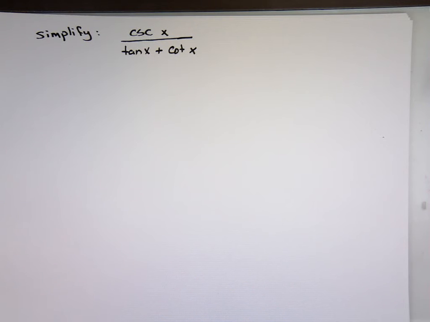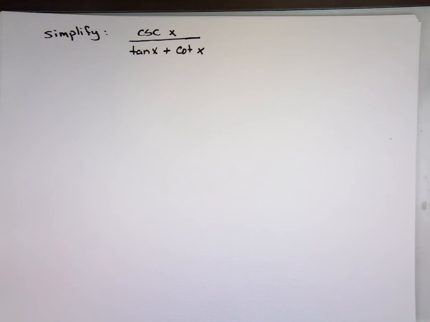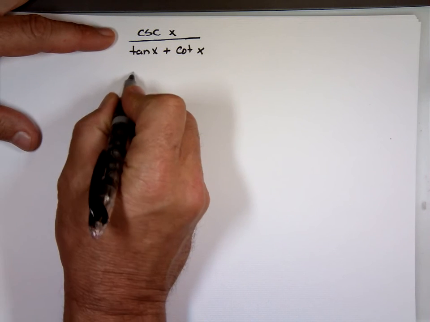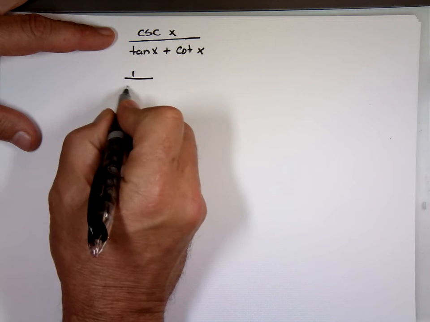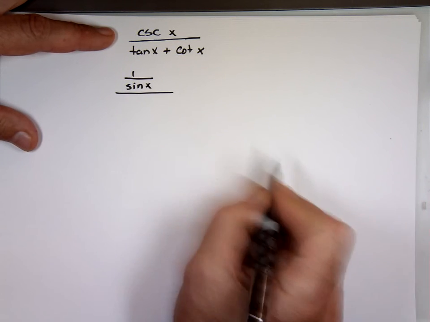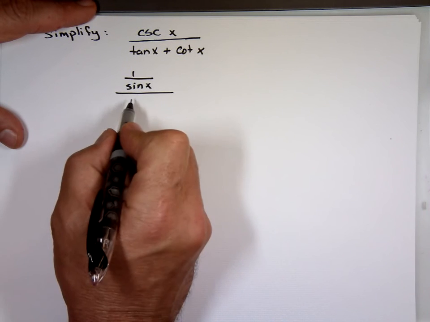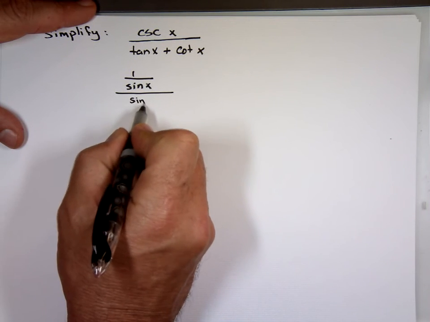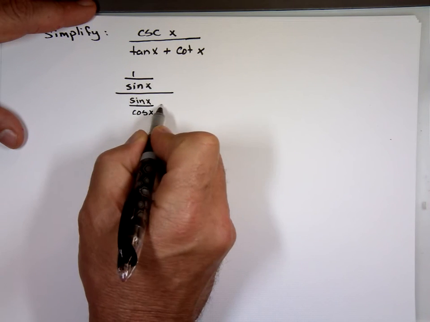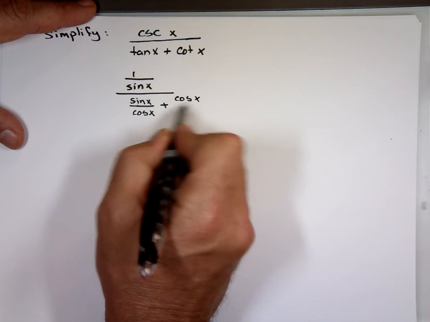Again, I'm always going to try by changing everything to sine, cosine. Cosecant is what? 1 over sine of x. Tangent. What's a tangent? Sine of x over what? Cosine x. Plus cotangent, which is what? Cosine x over what? Sine of x.